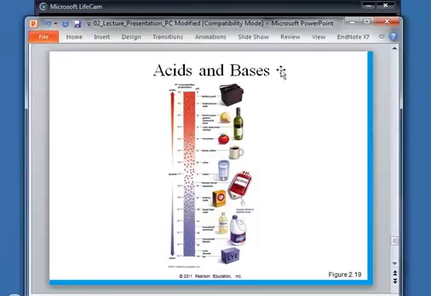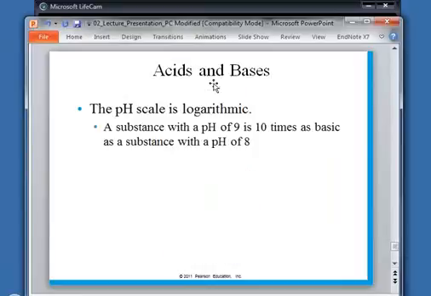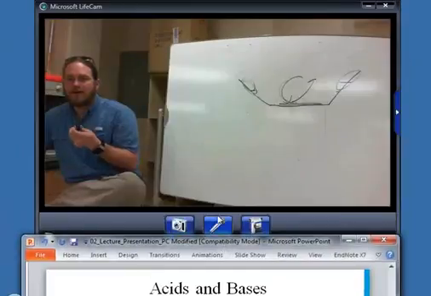For instance, in this example, you would obviously not want to drink battery acid, but likewise, you would not want to drink bleach, right? And that's because both strong bases and strong acids are very reactive. You can actually get chemical burns from bases just like you could acids. And just when you're working with the pH scale, keep in mind it is on a logarithmic scale.